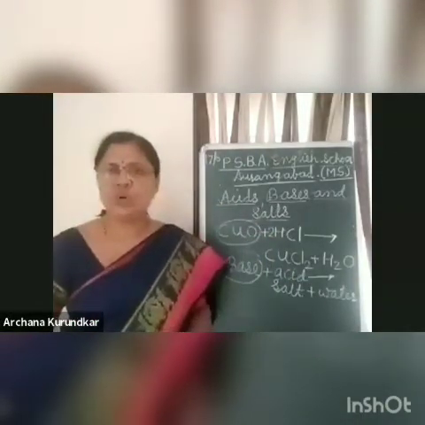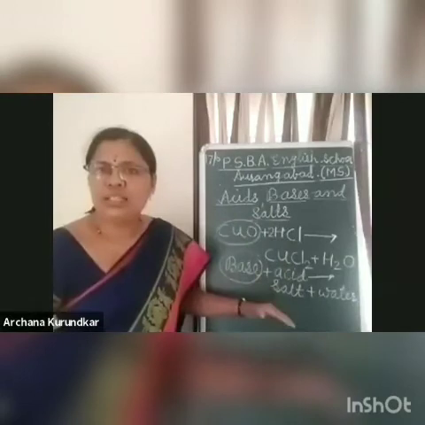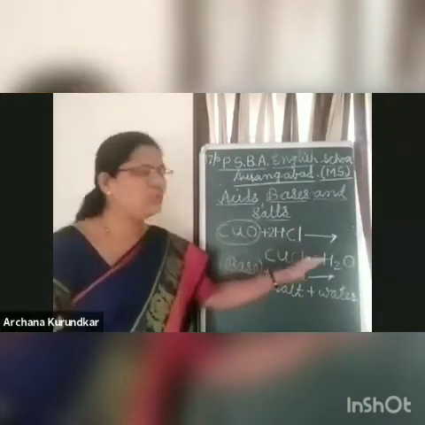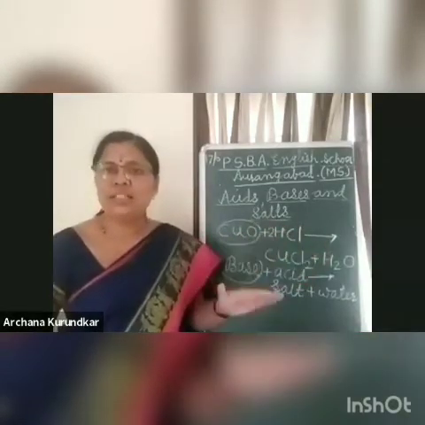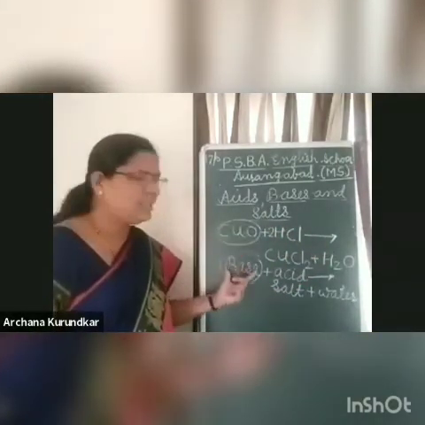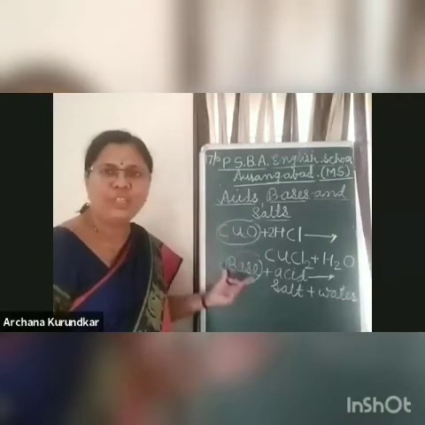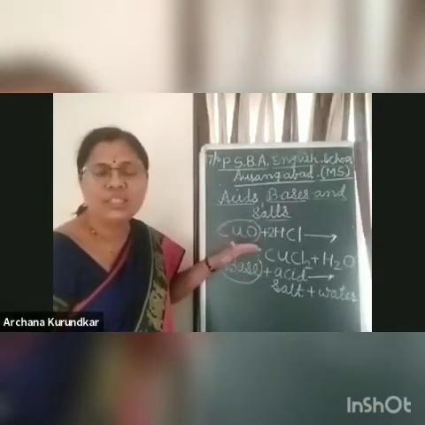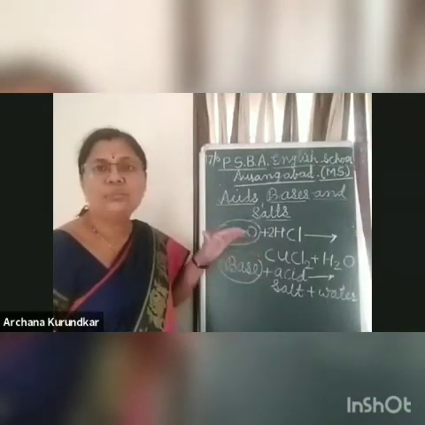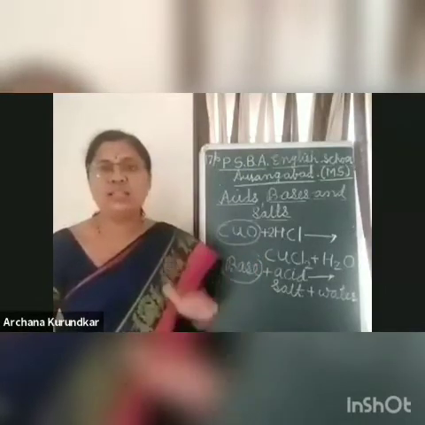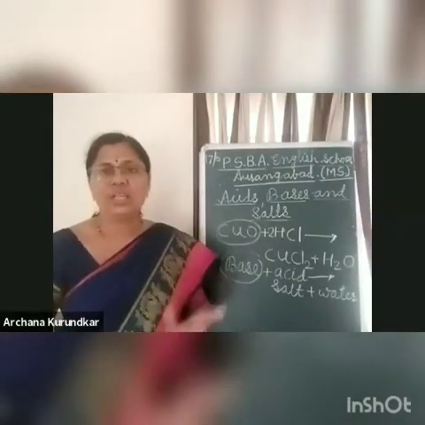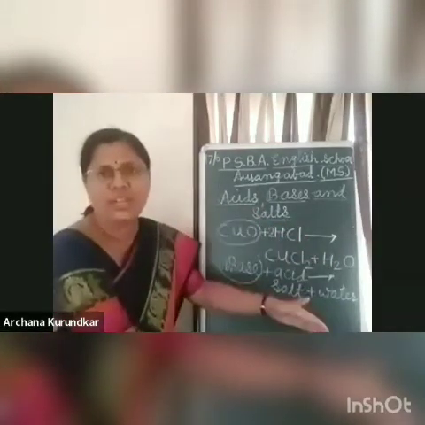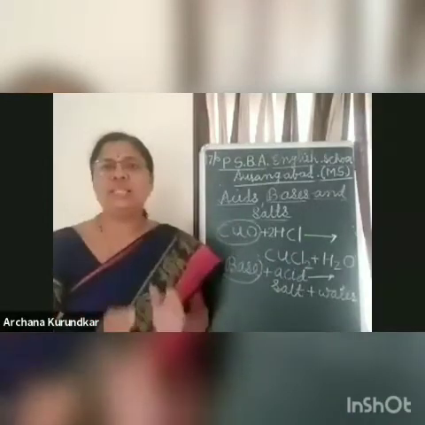So similar to the neutralization reaction, if we compare the reaction of metallic oxides with hydrochloric acid, we find that copper oxide is acting as a base, it is a basic oxide. And that is why metallic oxides are called basic oxides. We can say they are playing the role of base in the neutralization reaction here. So they are basic in nature.